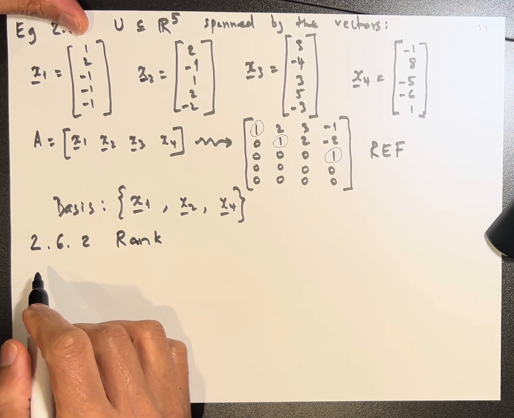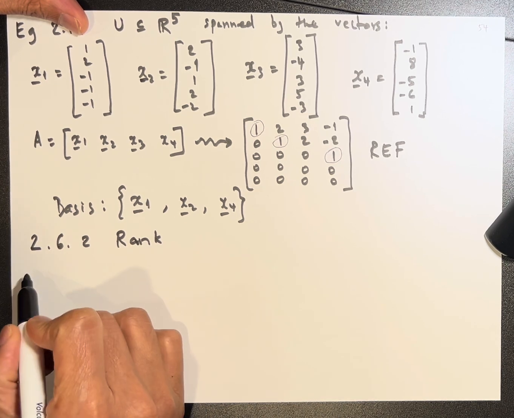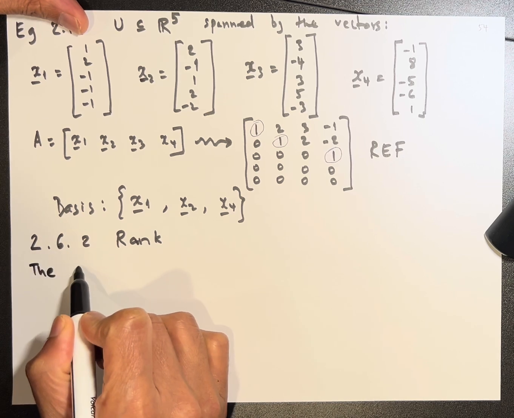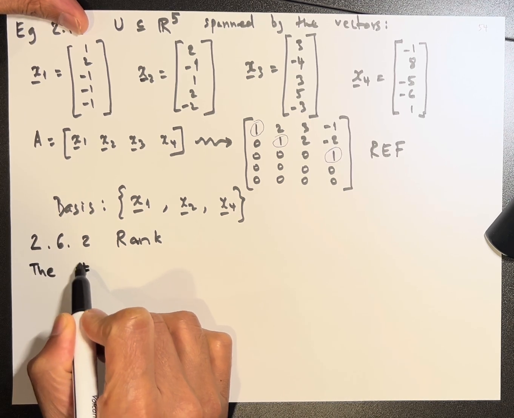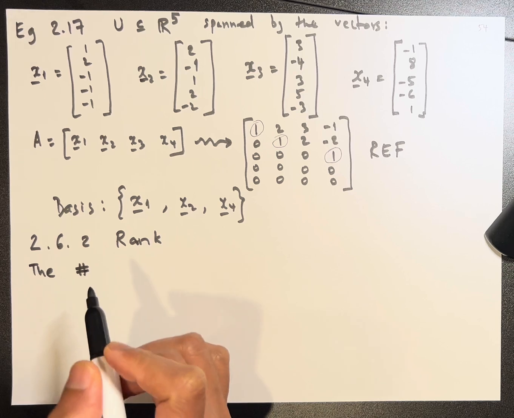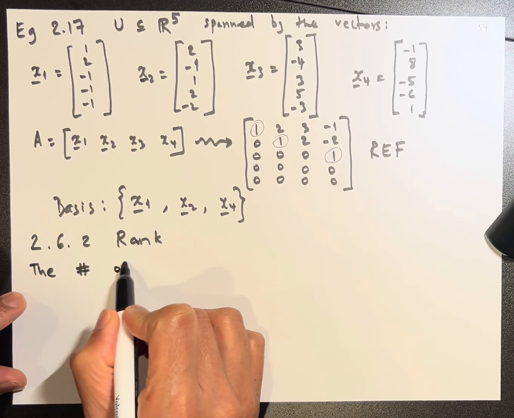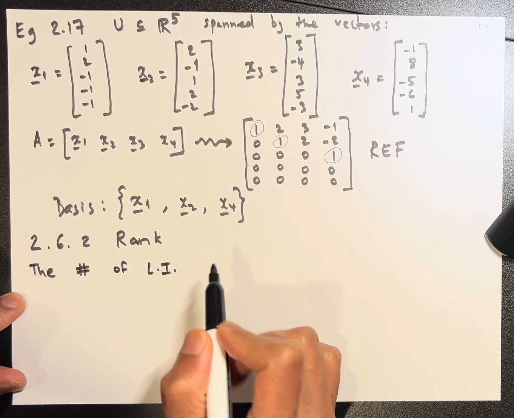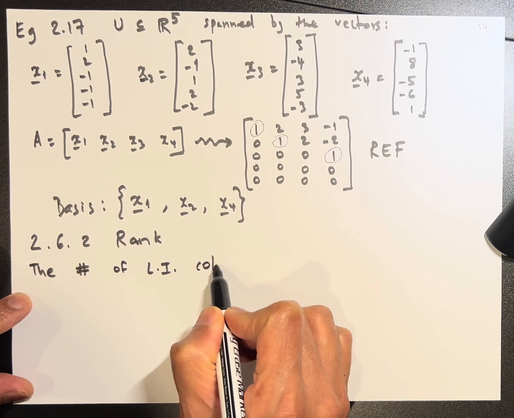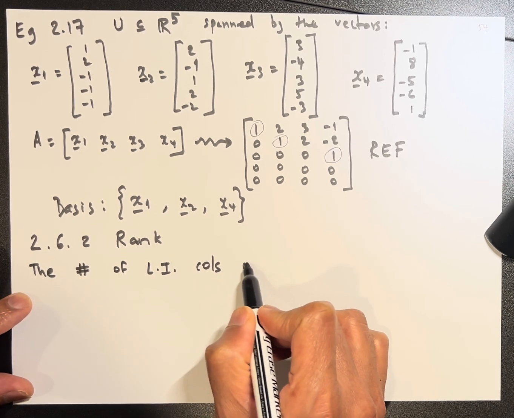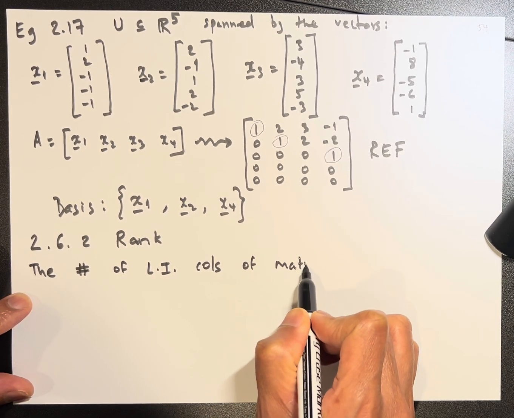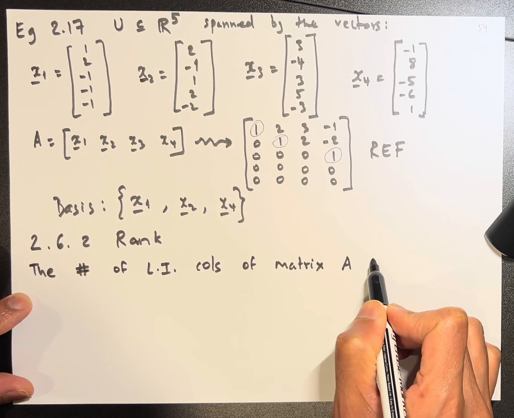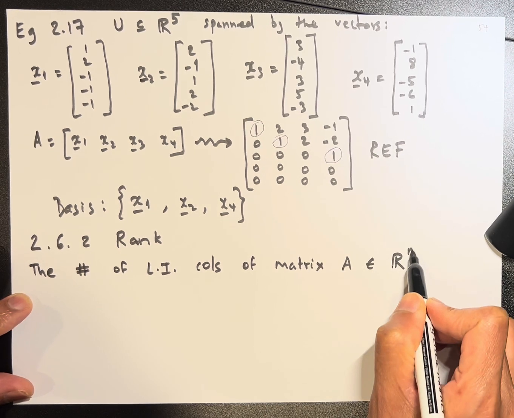So the way that rank is defined is the number. This pound symbol is used generally for the number. Okay. So the number of linearly independent columns of matrix A, which belongs to some R m by n.